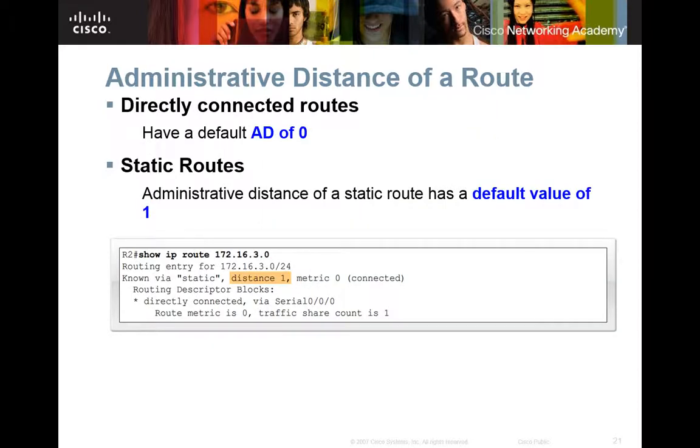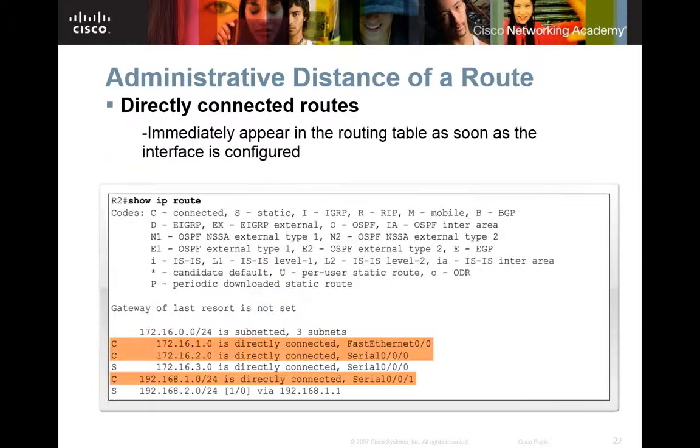Okay? Direct connects have a distance of 1. It's known as a static connection, right? Anytime you see these direct connects with the C, you know the administrative cost is what? 1. I'm sorry, direct connect is 0. Static is 1.